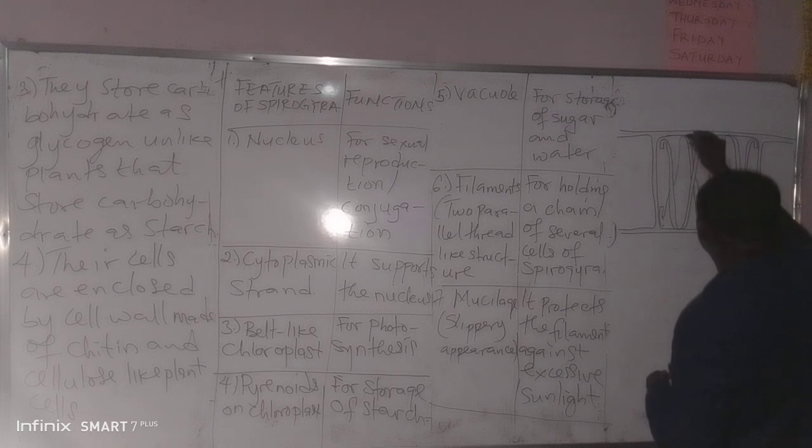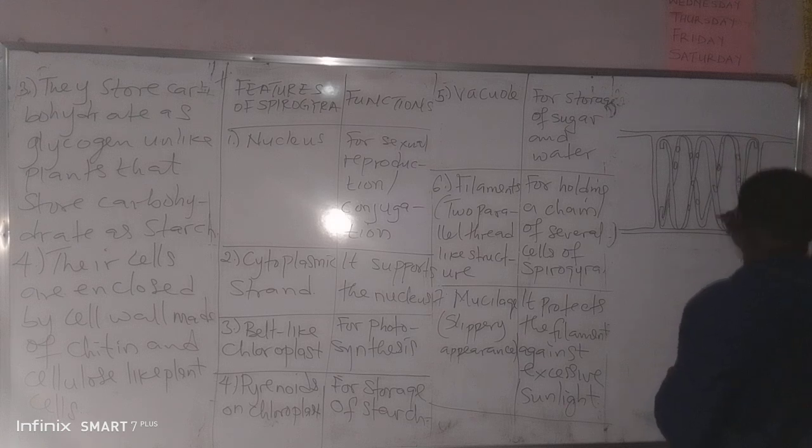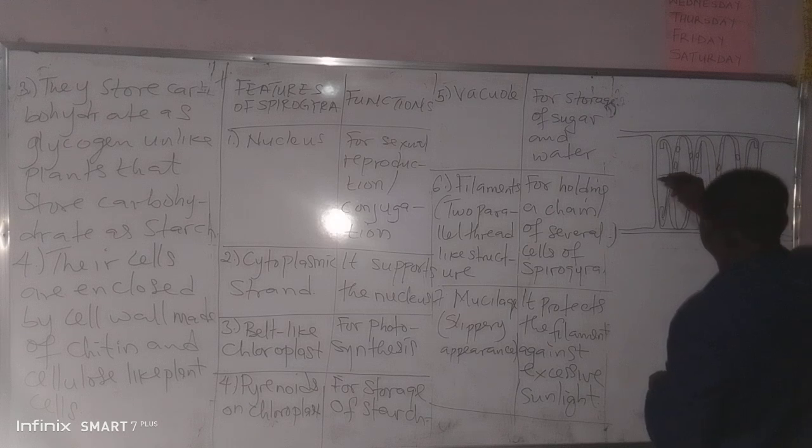Then on the chloroplast you have pyrenoids, for storage of starch. So then we have the cytoplasmic strand that goes like this.